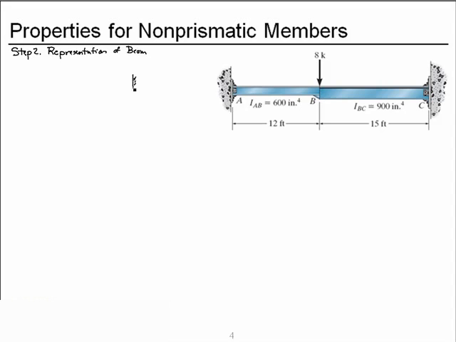To find the bending stiffness, we need to take our beam and switch the fixed support at end A to a roller support, because bending stiffness is the moment required to cause the end to rotate 1 radian.